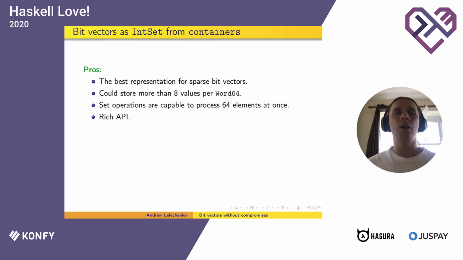It potentially could store more than 8 values per word, so it's maybe better than the vector package, but worse than the array package. And what is good is that some set operations like union, intersection, and so on, are capable of processing on word level, blockwise. So it can zip 64 bits with another 64 bits in one CPU instruction, in some cases. And of course, containers has a very nice, rich API.